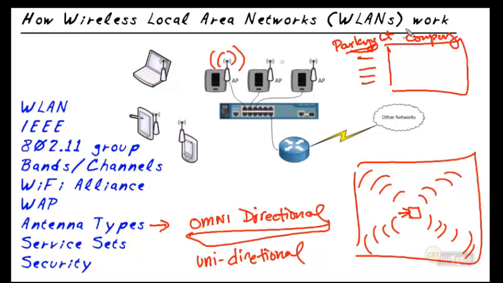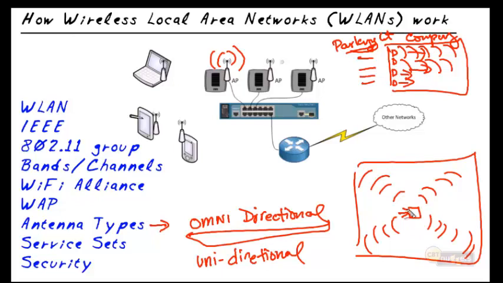In the parking lot, we probably don't want our wireless signals to go out to the parking lot. Now, if we wanted to be very safe about that, we could put access points right here with antennas that only send the signals this way and nothing out to the parking lot, if you want to control where that signal goes to.